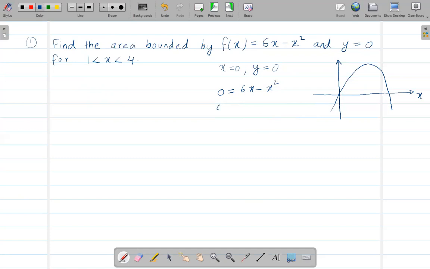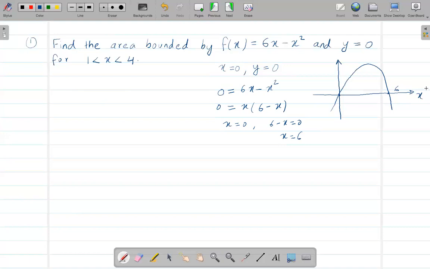From here, I can factor out x, so x times (6 minus x). So it's either x equals 0, or 6 minus x equals 0, so x equals positive 6, right? So this point must be positive 6.